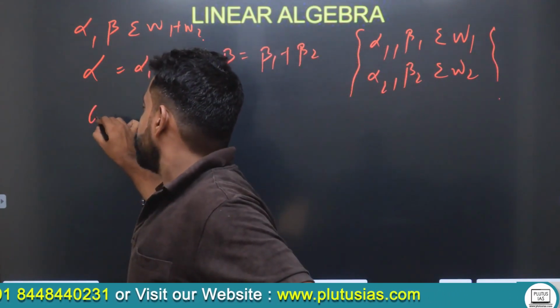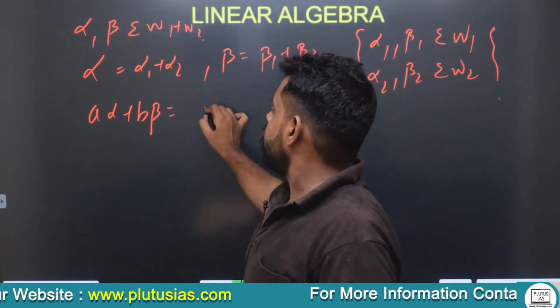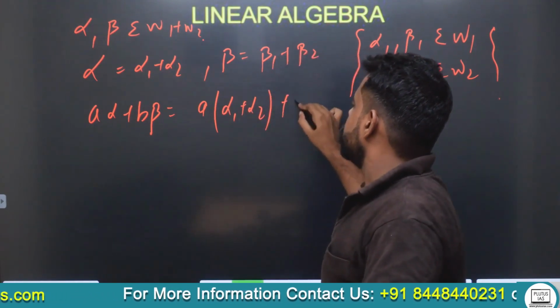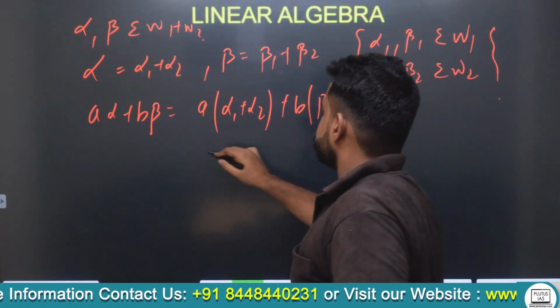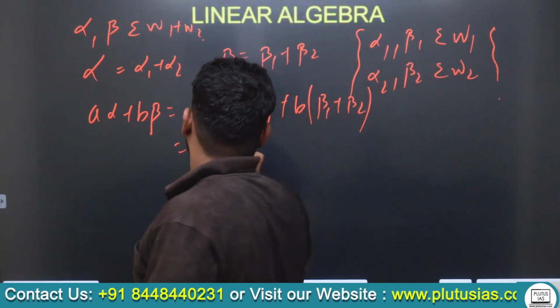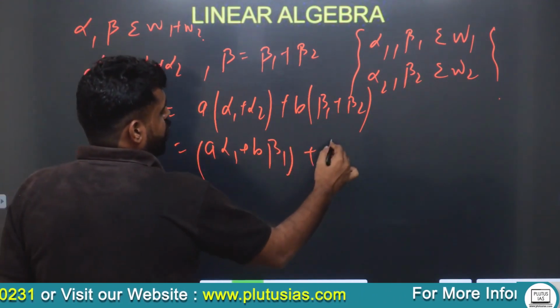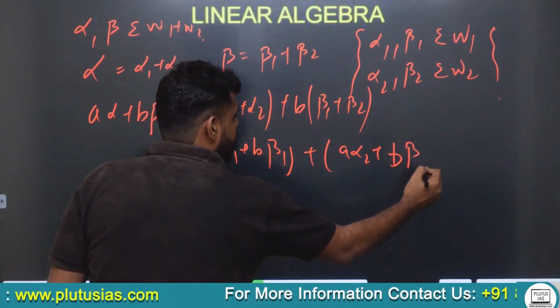We check a alpha plus b beta. This is equal to a times (alpha 1 plus alpha 2) plus b times (beta 1 plus beta 2). This is equal to (a alpha 1 plus b beta 1) plus (a alpha 2 plus b beta 2).